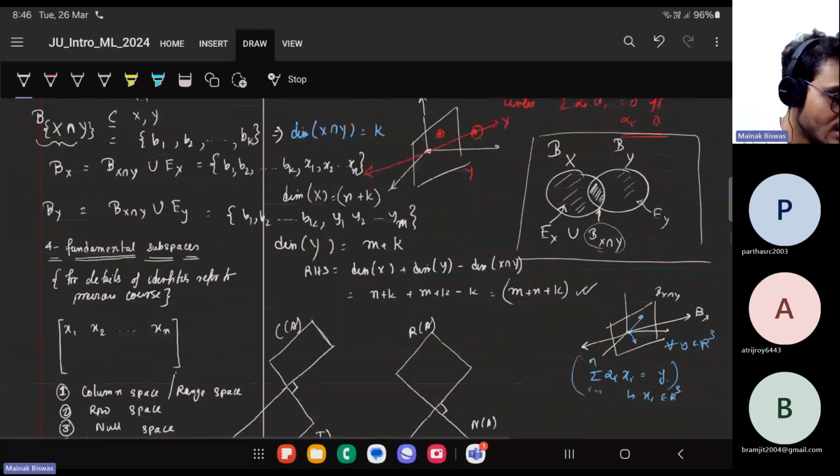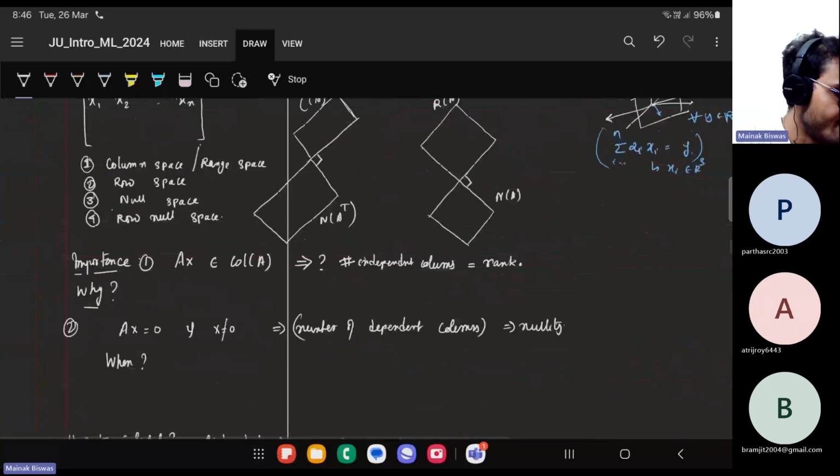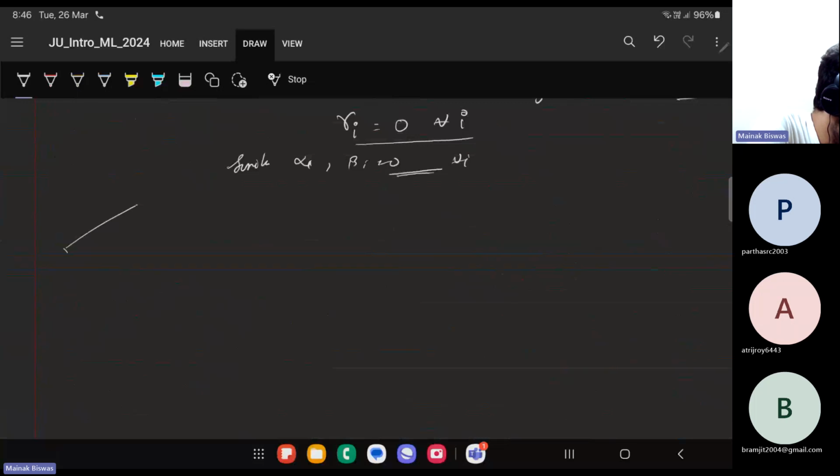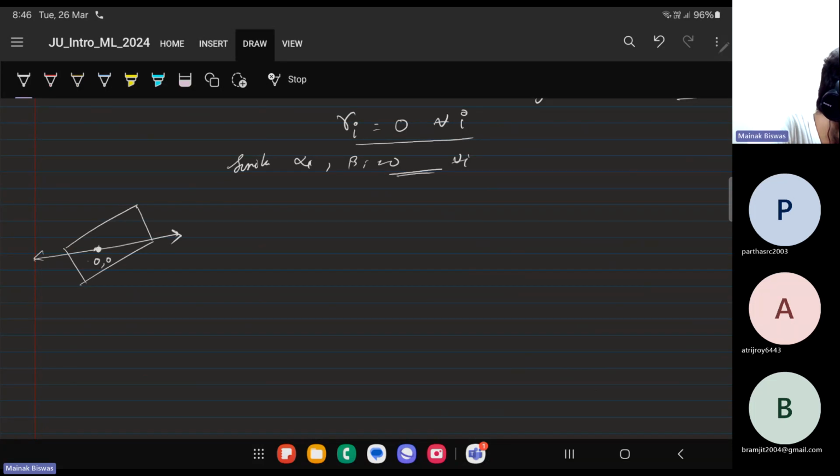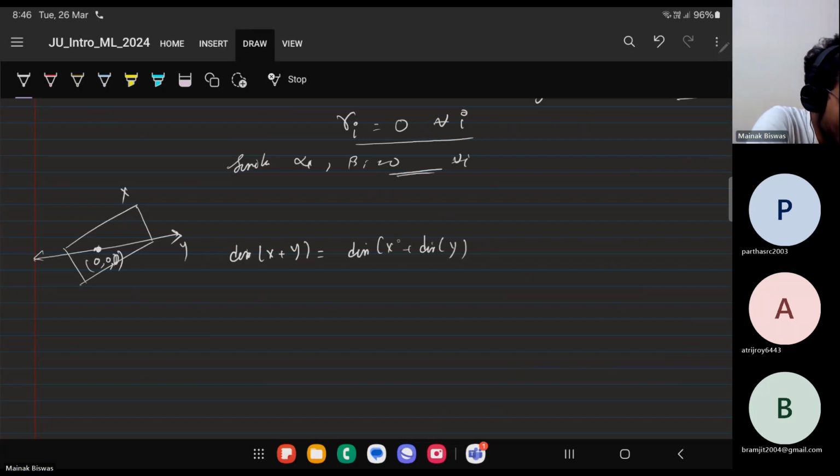So let's take an example. What would this be? You have a plane and you have a line, meeting at 0, 0. The dimension of x plus y will be equal to, tell me, this is x, this is y: dimension of x plus dimension of y minus dimension of x intersection y.